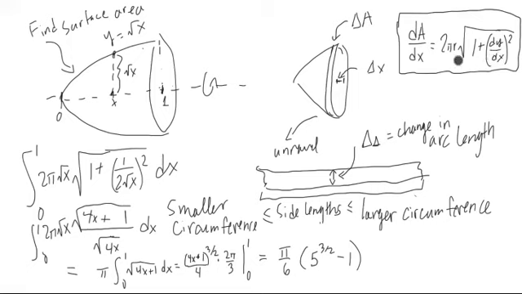And why is that? Because this right here is the derivative of arc length, representing the ratio of change of s to change of x, really ds/dx.